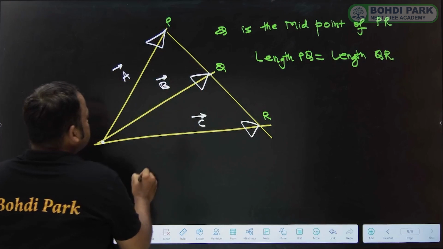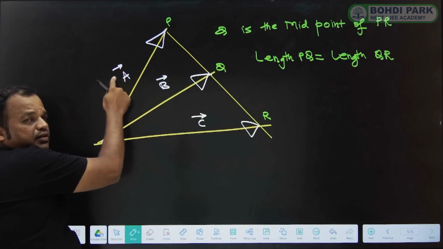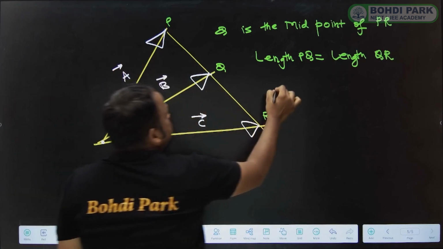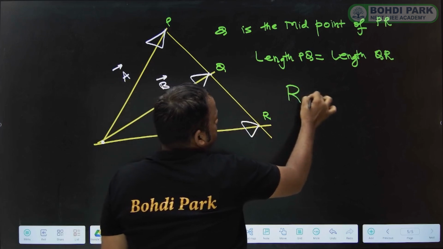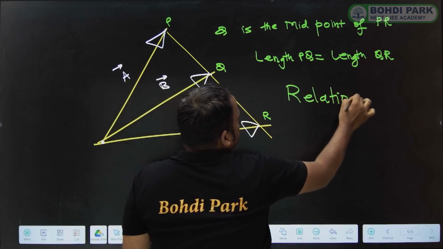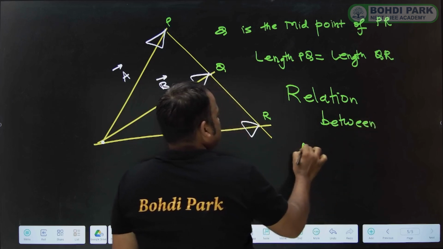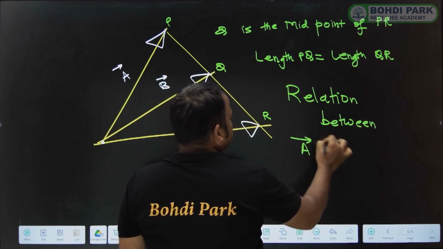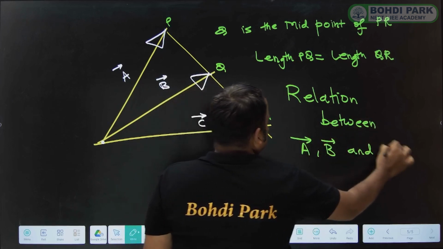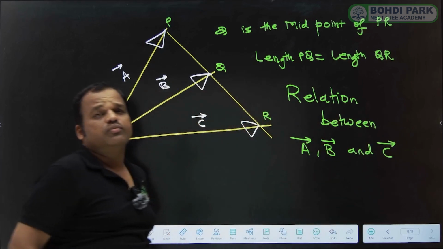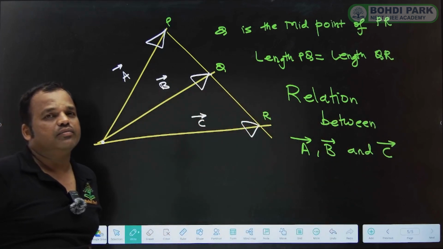And the question is asking what is the relation between A vector, B vector and C vector.